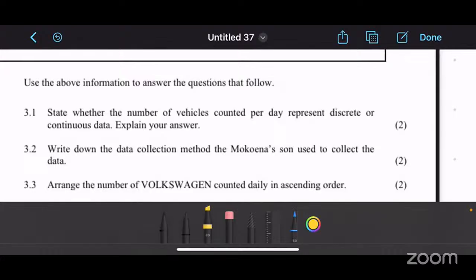Discrete data is a type of quantitative data that includes a non-divisible figure in statistics that you can count. So the answer for this one is going to be discrete data because these were counted.